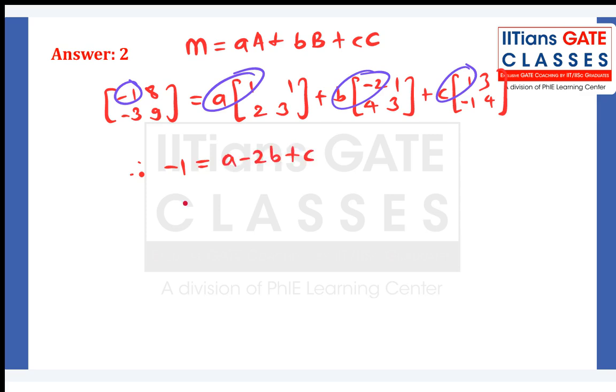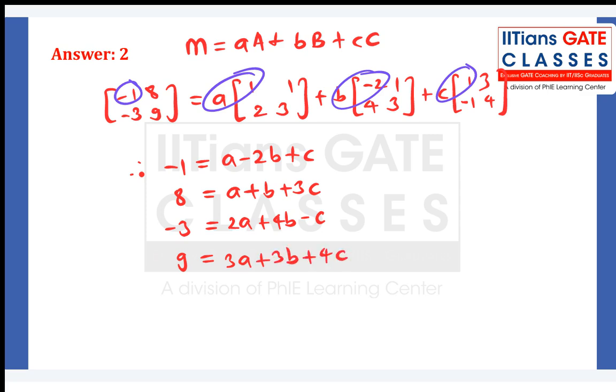The second equation that you'll get is a plus b plus 3c. Similarly, the rest of the equations will be 2a, 4b, minus c, and 3a, 3b, plus 4c, equal to 9. So now here you have 3 unknowns and 4 equations.